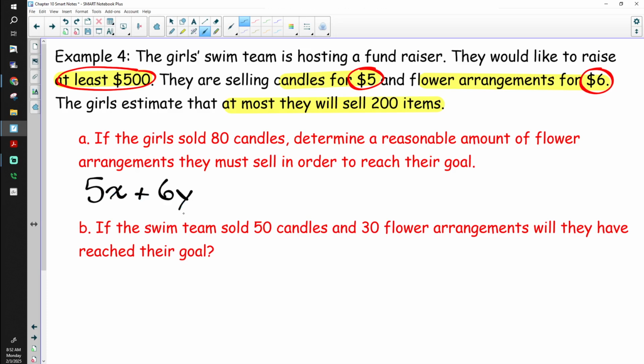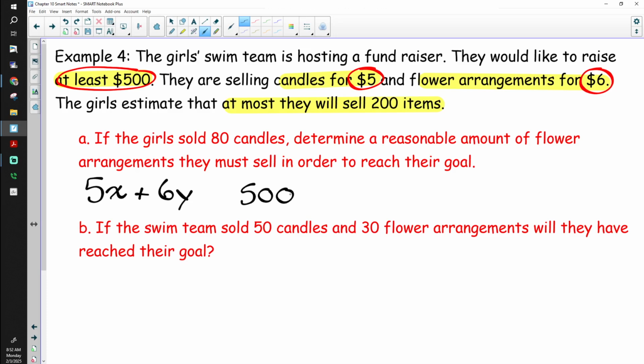They want to raise at least $500. So we're going to have to put in 500 for C, but we need to know what alligator mouth, right? It's going to be some type of alligator mouth and then 500. So do we want to make more than 500, less than 500, exactly 500?